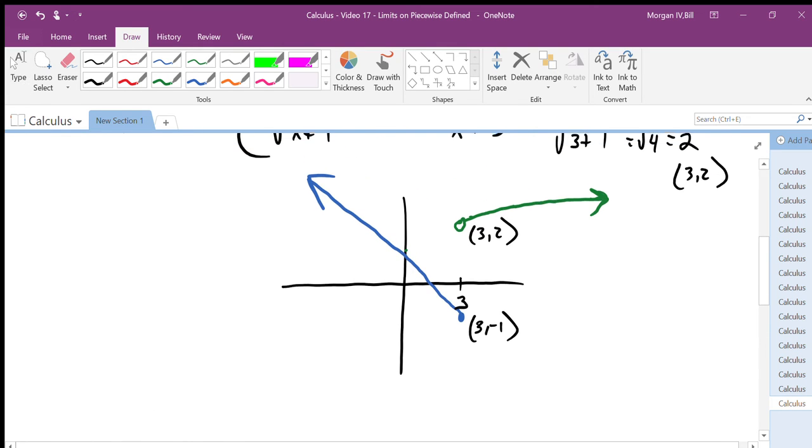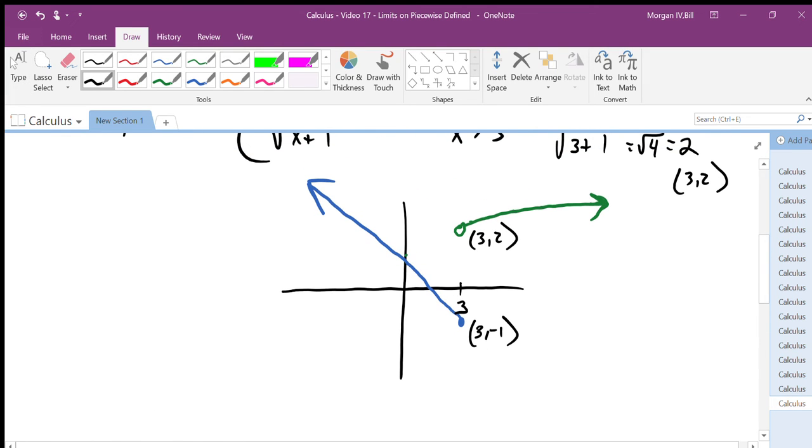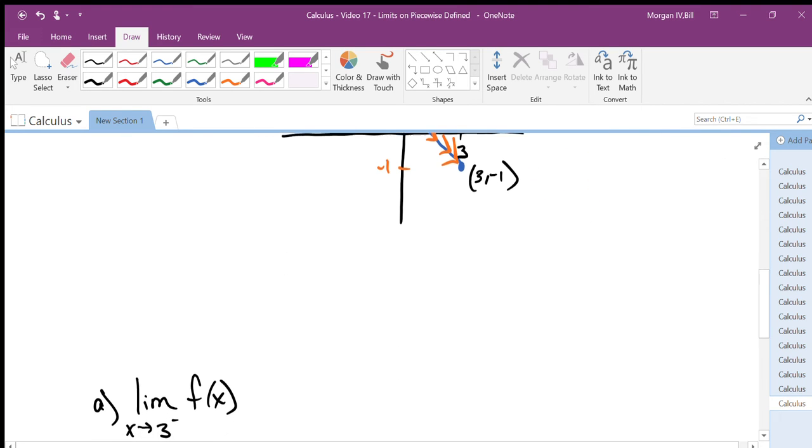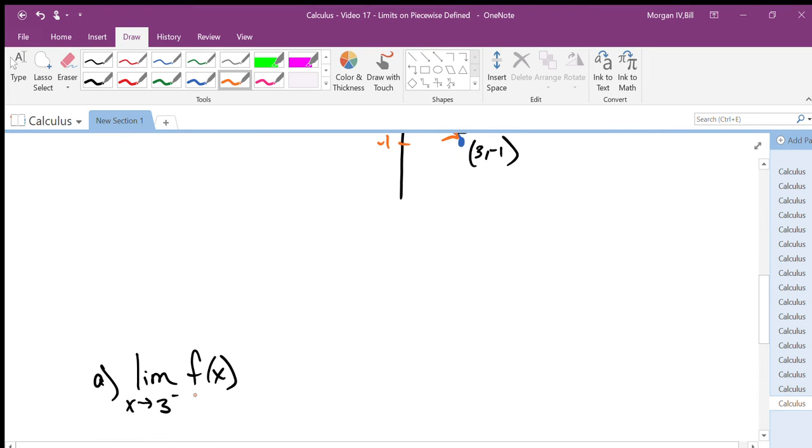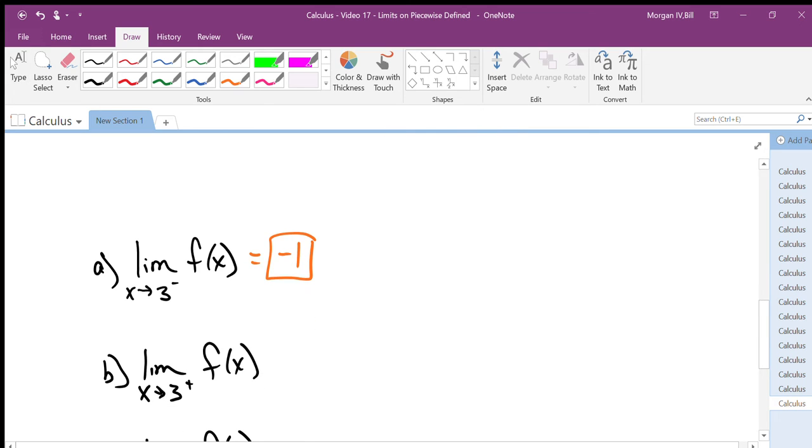Approaching 3 from the left would be coming in this direction, and we see the y value is getting close to negative 1. So the limit as x approaches 3 from the left is equal to negative 1.